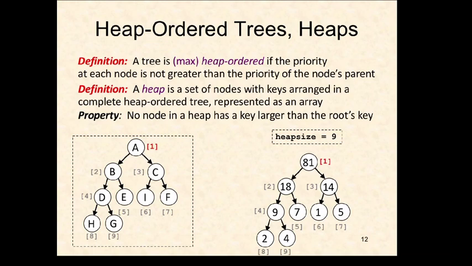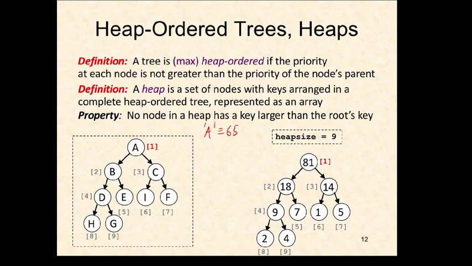Alternately, we could say a lower ASCII value, because remember, A is defined as ASCII value 65 for capital A. So the root is still at the top, but we would call it the top of the heap. So rather than the root of a heap, we call it the top of the heap, which sounds good in English. So we have here A is at the top because it has the lowest ASCII value.